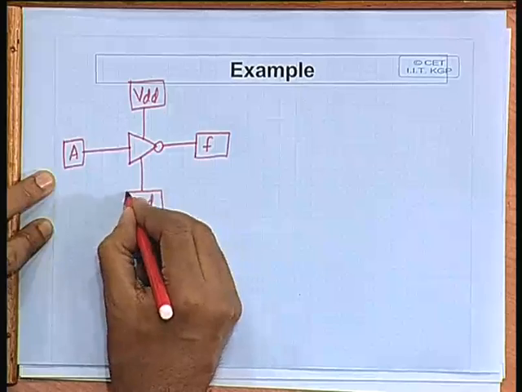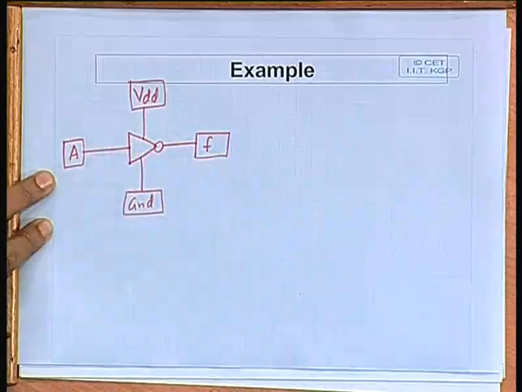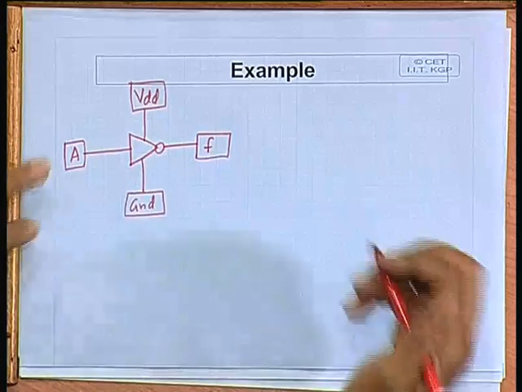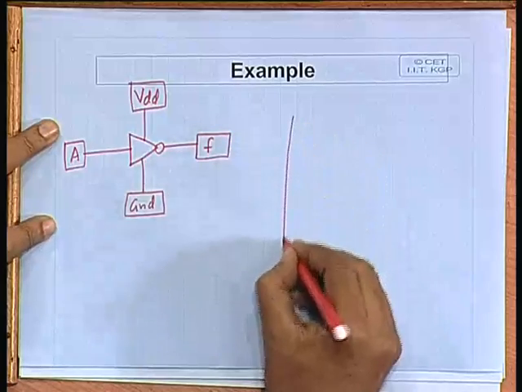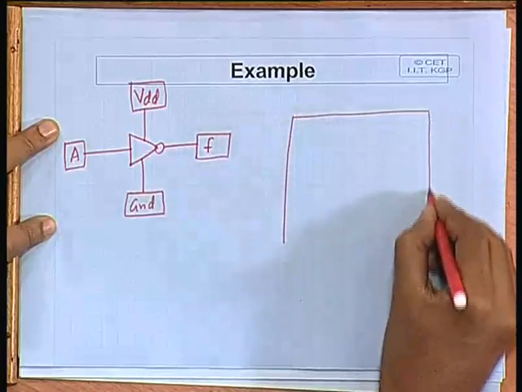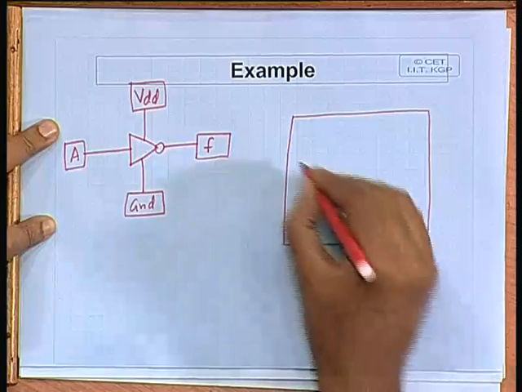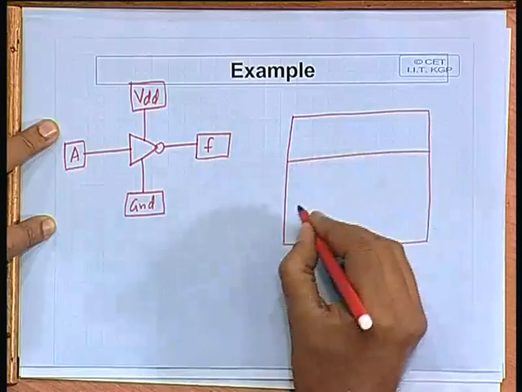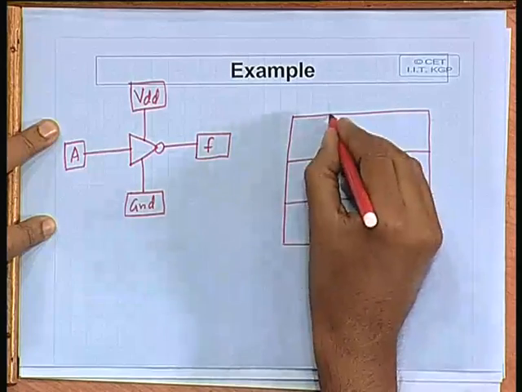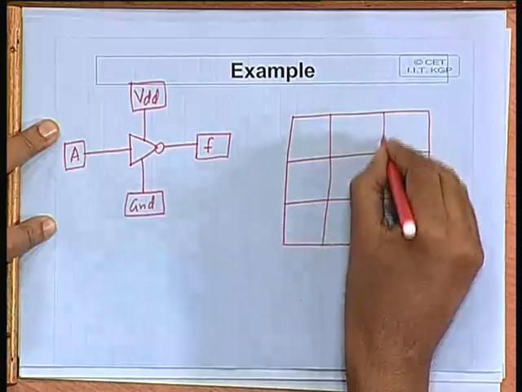So, this gate has to be connected to these four things, right. Now, what I am assuming is that I have a 3 by 3 grid. I am taking a small example just for the sake of illustration.